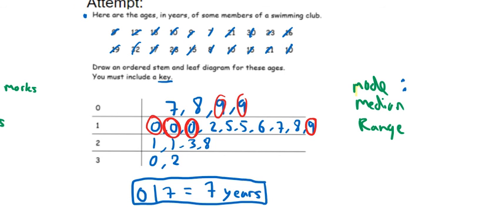So those 2 at the top, they're both 9 years old, but this person down here, they're 19 years old. So therefore those 3 9s don't count. But because these 3 zeros are on the same row, their stem is 1, that's showing that there's 3 different students that are 10 years old. So 10 years old would be the mode.